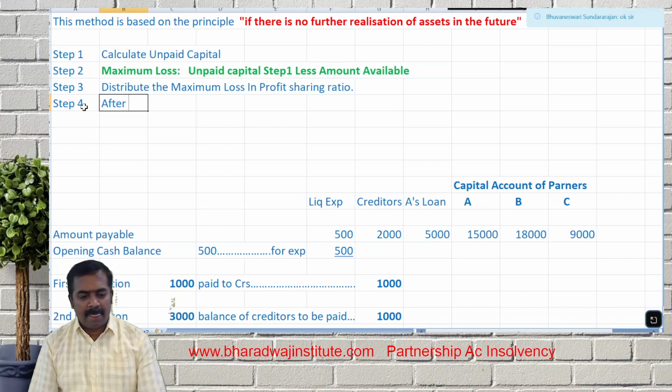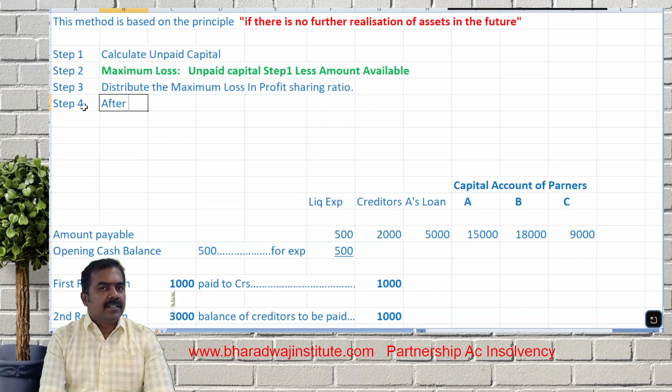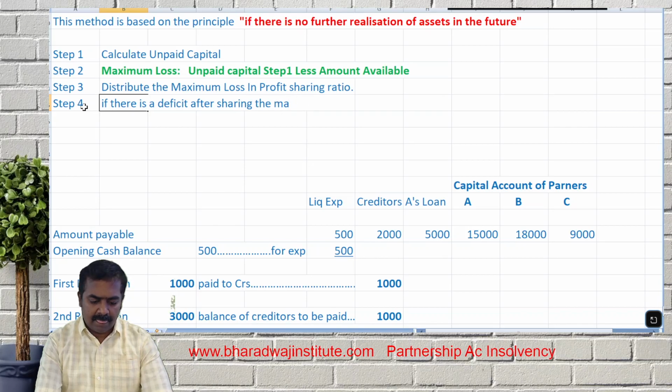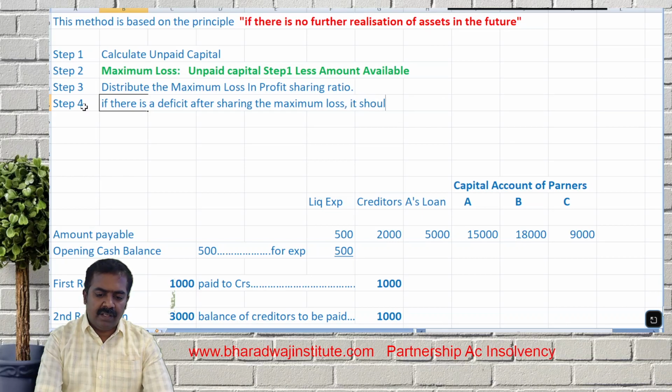Okay, next, step 4. If there is a deficit after sharing the maximum loss, it should be adjusted to other partners.